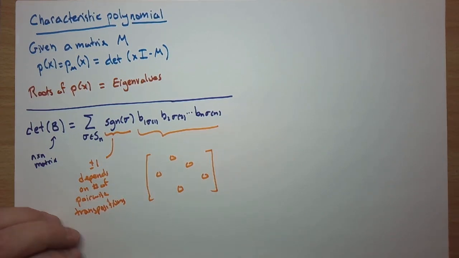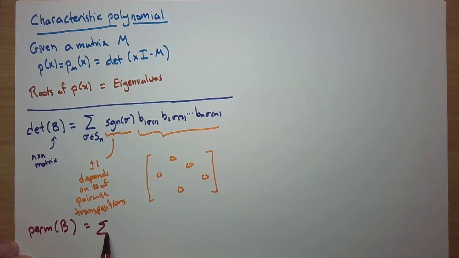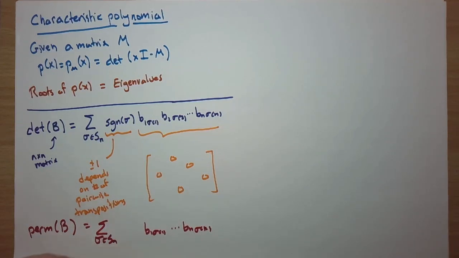While we're here, there's a related idea to the determinant called the permanent. And what's the difference? You still sum over all the entries, and you still have the B1 sigma 1 to Bn sigma n. But what goes here? Yeah, just 1. So you don't need the sign.